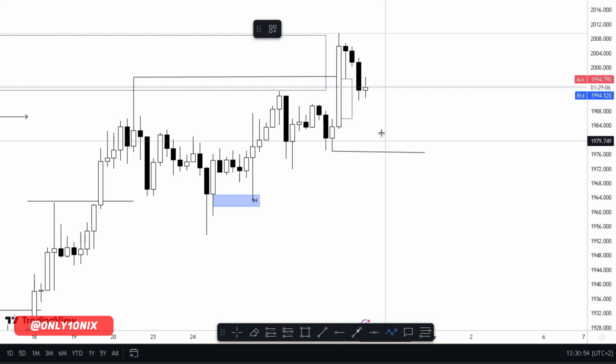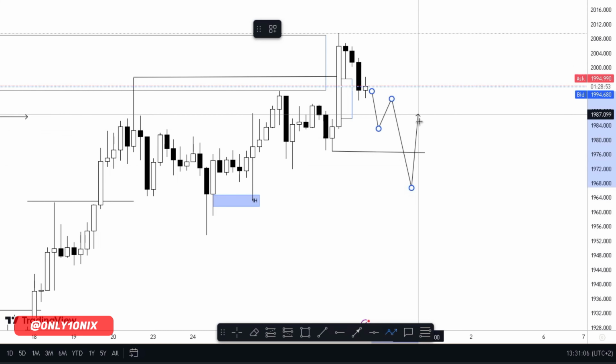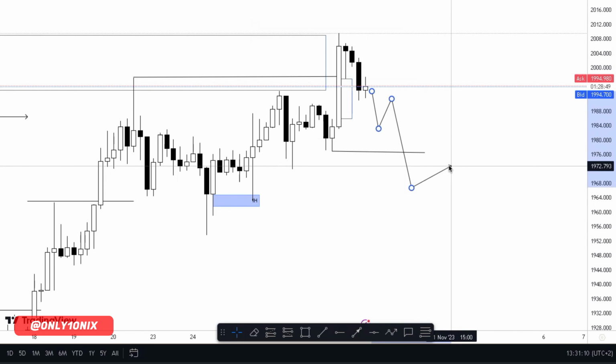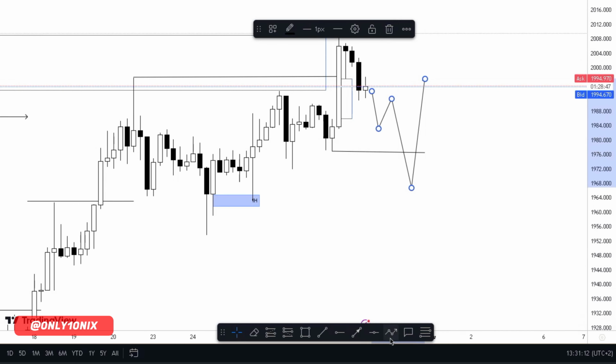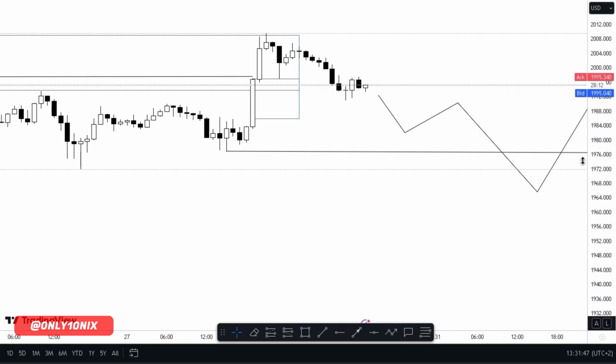So essentially, what I'm anticipating is that we continue moving lower, and we break, showing me a very, very strong and volatile change in character. So if we look for a re-entry to a fair value gap, we can use that fair value gap and essentially get a re-entry to the downside.